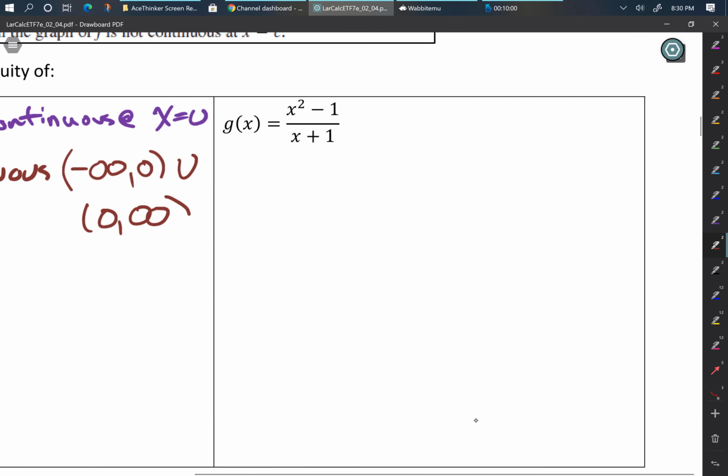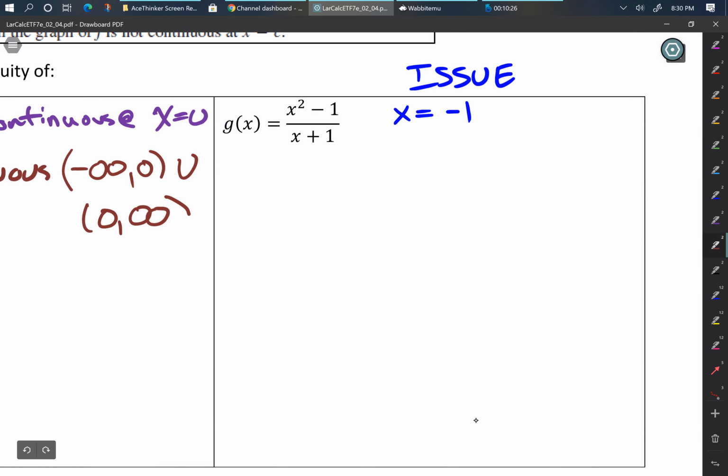How about g of x here? What is its continuity? Now, hopefully you're seeing the same thing I'm seeing. There's an issue at -1. From all that limit work that we did, I'm recognizing that if I try to plug in a -1, I'm going to get a 0 upstairs as well as a 0 downstairs.